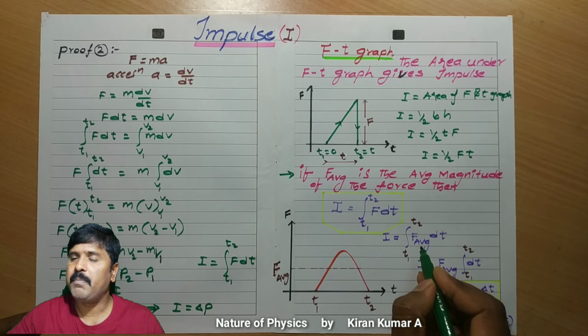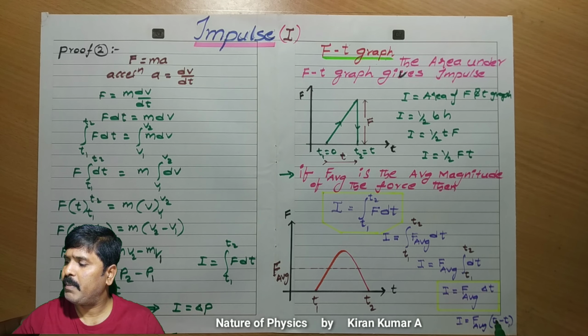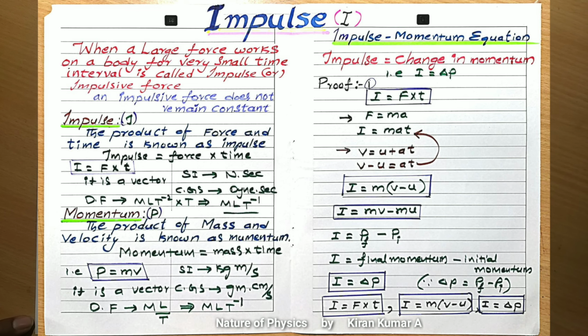In this, force is replaced by the average force, and average force is common, with upper limit t2 minus lower limit t1, student. So finally I am getting impulse with respect to average force, that is impulse is equal to average force into delta t, student.